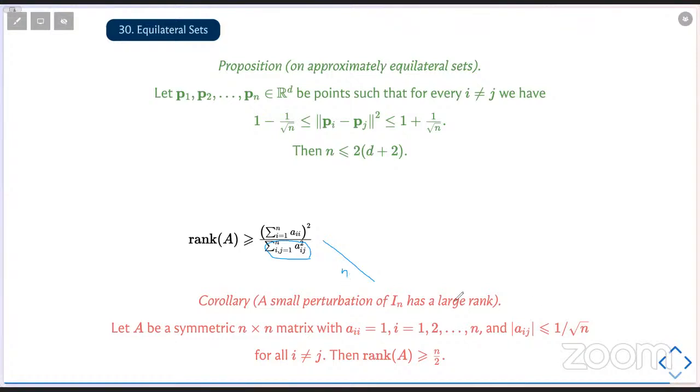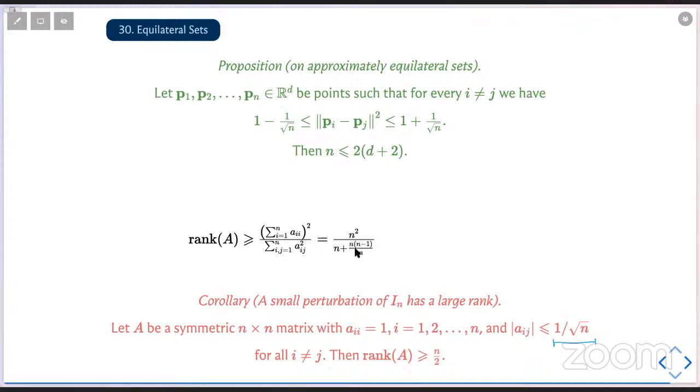All the off-diagonal entries, when you square them, their values are going to be at most 1 over n, and there are n squared minus n of these off-diagonal entries. So you're going to add another 1 over n times n squared minus n on top of n. That's the denominator. I shouldn't have said that this is equal, because for the off-diagonal entries we only have a bound.